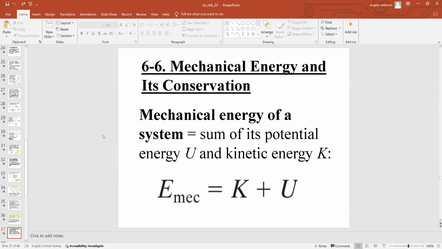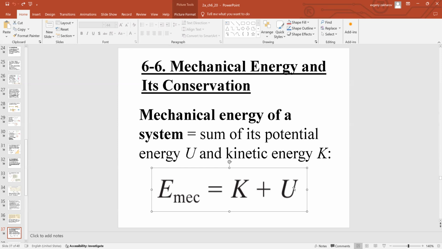The sum total between kinetic and potential energy is called mechanical energy. So K plus U is what we call mechanical energy, E sub mechanic. And good news, for all the cases when you don't have friction, or it says frictionless, or you can neglect friction, you say mechanical energy of a system is conserved, because your kinetic and potential total cannot be changed to other forms.